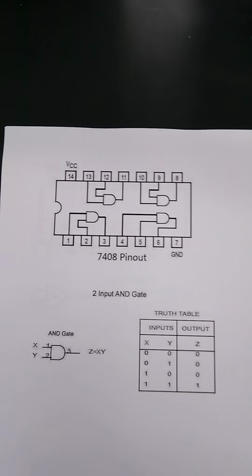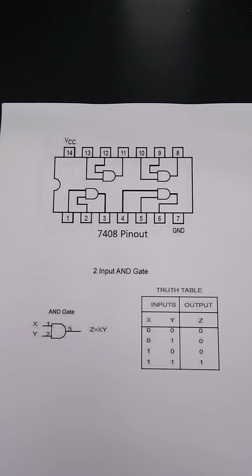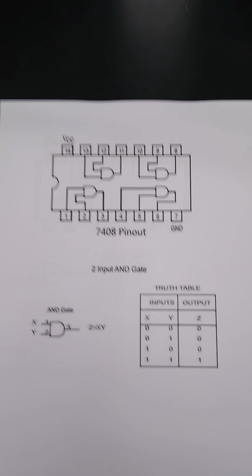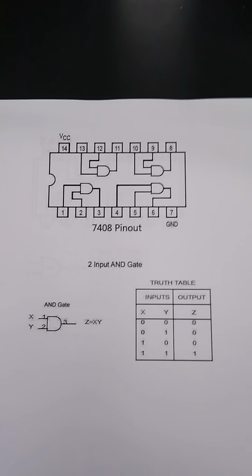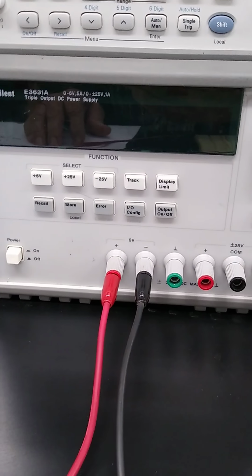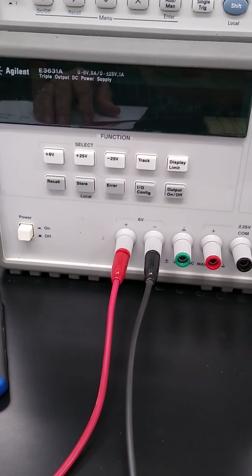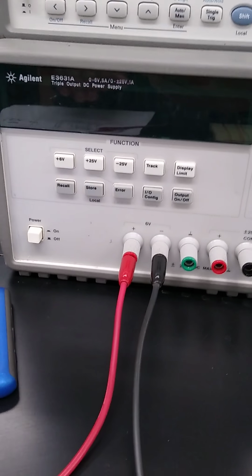So the idea in every integrated circuit is to make the proper connections to check that your gate is working properly. The next thing you will do is set up the voltage that you are going to apply to the integrated circuit.